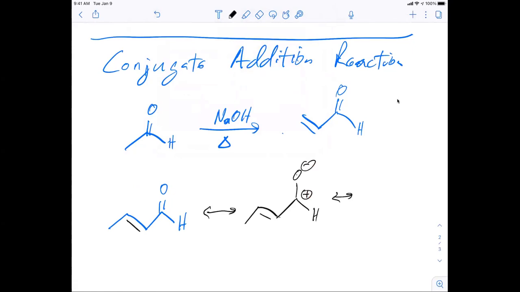But we could also move these electrons here, so that we can have another resonance contributor with the positive here.